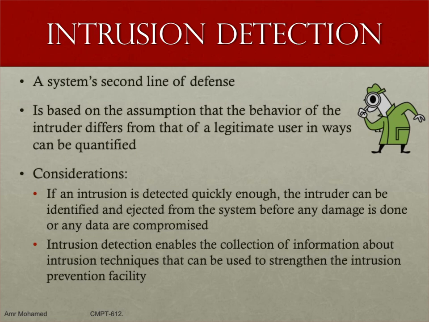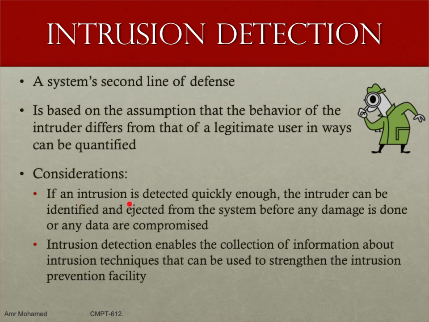Which potentially means that there is some kind of overlap between the legitimate user behavior and the intruder behavior. And that's why this overlap leads to some false alarms, and we'll see that.